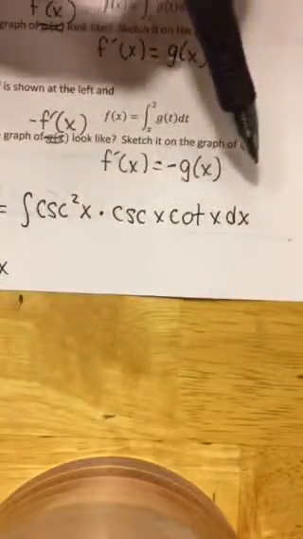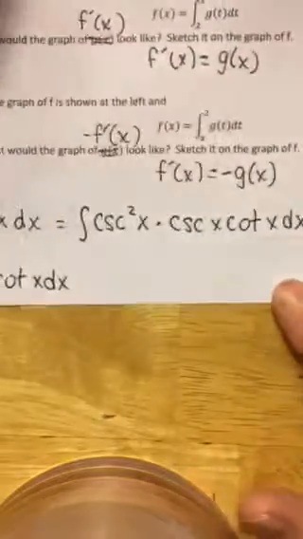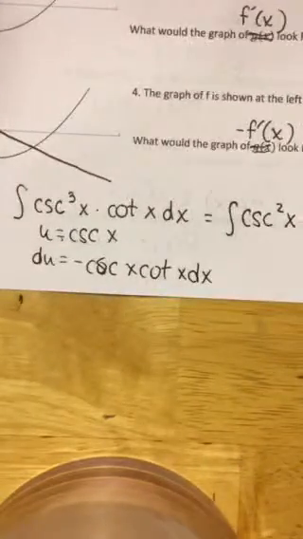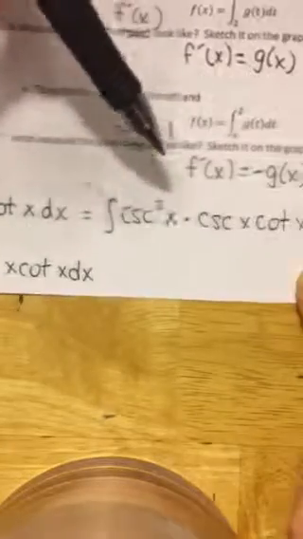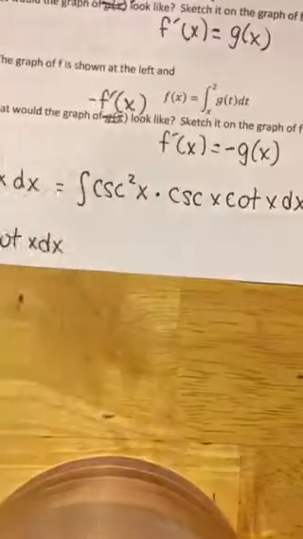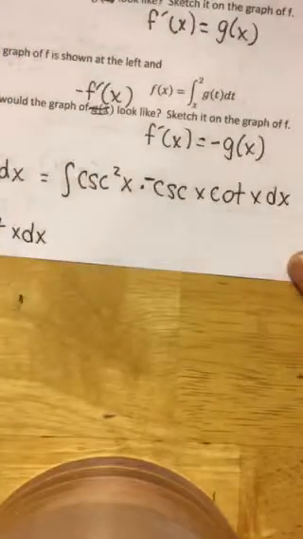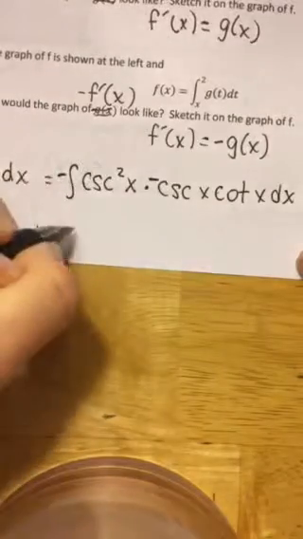This way I have everything I need for my du. So this is my du, and I just borrowed one of the cosecants from the cosecant cubed and moved it over here. So now in order to substitute, I just need a negative back here for my du, so that means I put a negative in front.